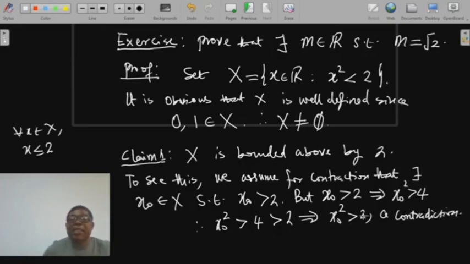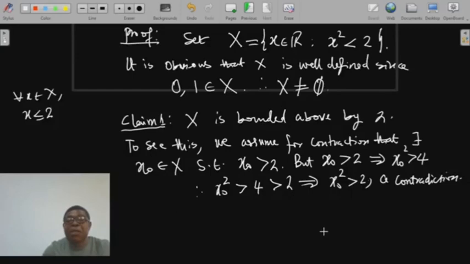What is it contradicting? It contradicts the fact that x naught belongs to X, since x naught must be one of those x in R so that x squared is less than 2. But here x naught squared is bigger than 2, which contradicts this inequality. Therefore, our conclusion is that the set X is bounded above by 2.